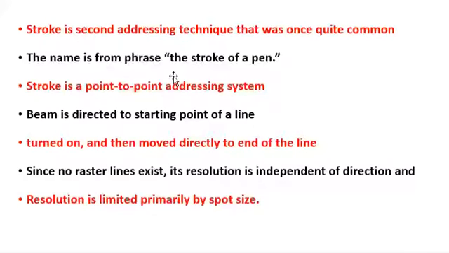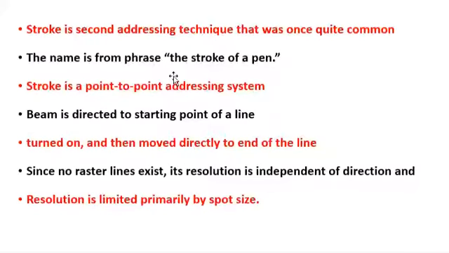If you want to put a dot on a paper, you stroke it with the pen so that only one point comes out. So this stroke is a point-to-point addressing system, that is, it puts a dot in every place where the information is, and the beam is directed from the starting points, that is, from the left-most to the right.